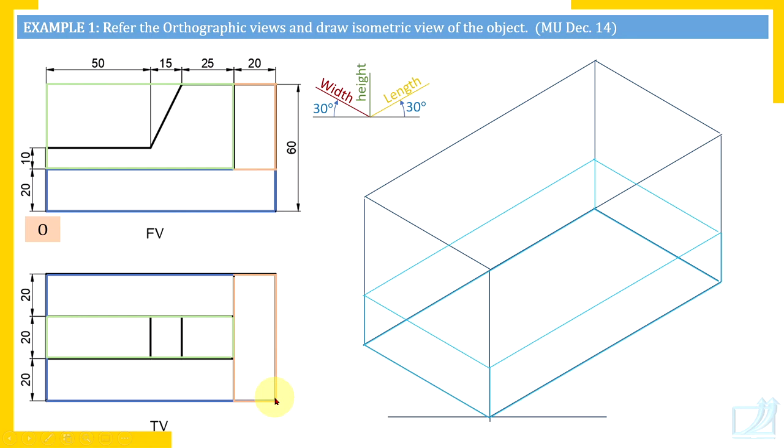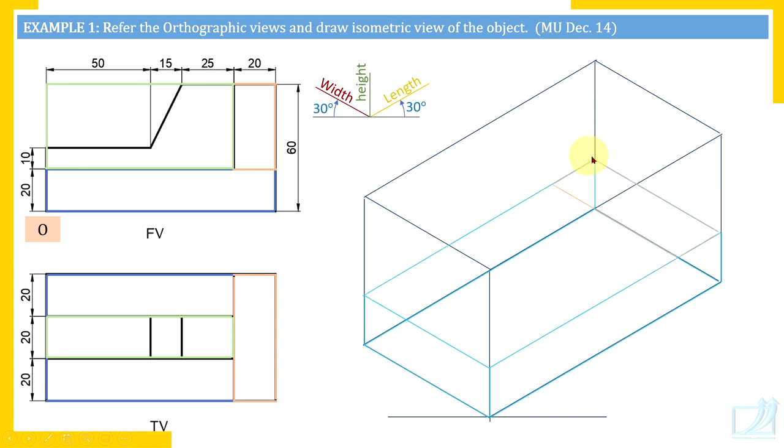First focus on length and width. So watch here. I measured 20 millimeters and I have constructed a rectangle, 20 millimeter length and 60 millimeter width. So this is that rectangular box we have constructed on the top surface of the base plate.